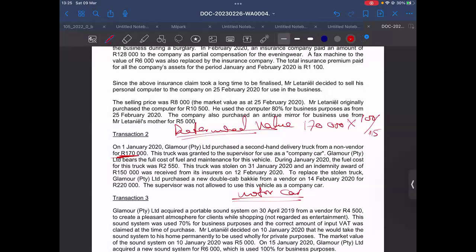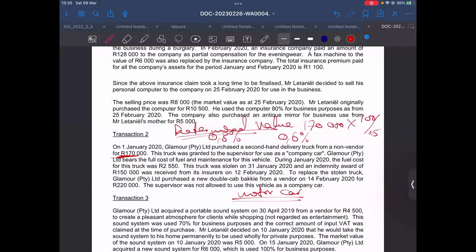After calculating your determined value, you have to check whether it's a motor car or not a motor car. This is a delivery vehicle. A delivery vehicle is not a motor car. So if it is not a motor car, you say your determined value times 0.6%. But if it is a motor car, it's times 0.3%. In our case, it's not a motor car, so we are going to say times 0.6%.